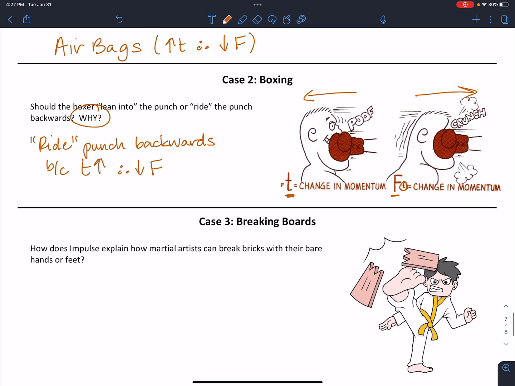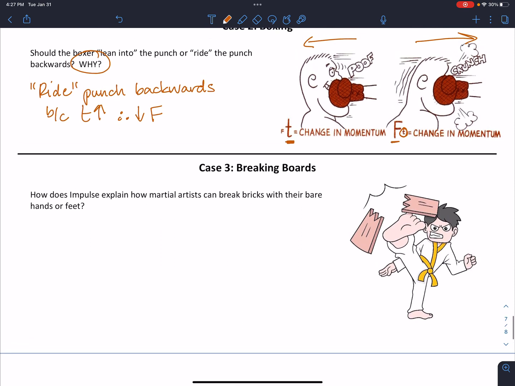One more example is when we see martial artists break things with their bare hands and bare feet, whether that's a board or bricks. They also are taking advantage of the duration of these collisions. For them, it's between their body part and the board or the bricks. So how does impulse explain how martial artists can break bricks with their bare hands or feet? Well, if you watch a martial artist do this, they do it very quickly.